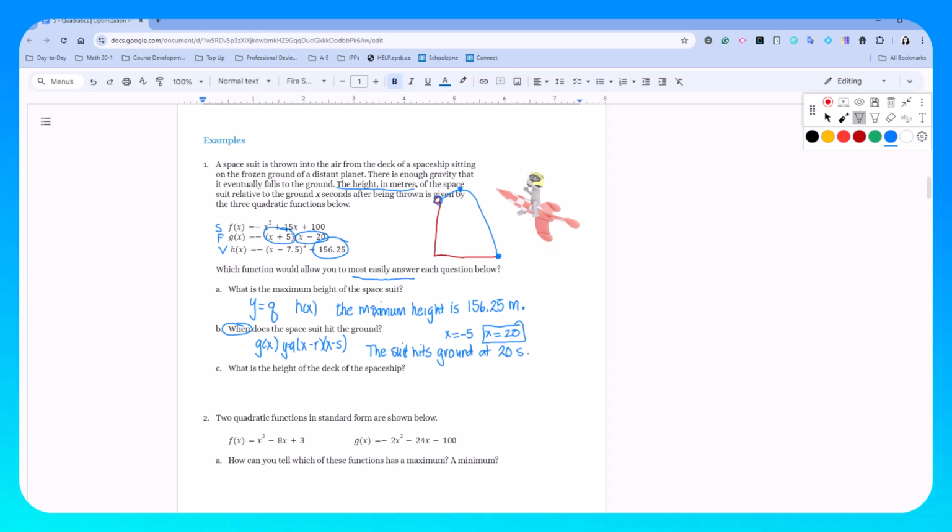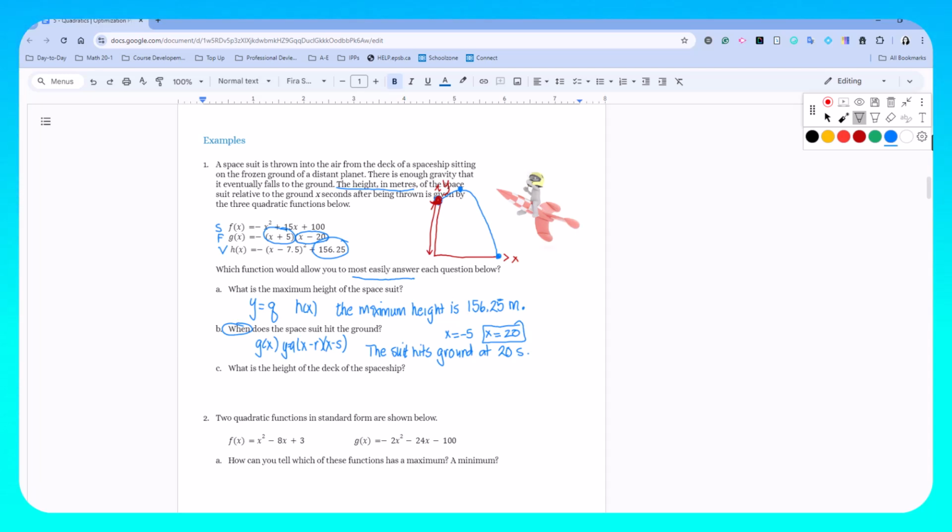Now let's move on to see what is the height of the deck of the spaceship. Well, I said that the deck of the spaceship was this point right here. This is where we're throwing that suit from. Now that suit on that deck is a certain height above the ground. Well, if we think of this as that XY plane, we know that this is the y-intercept.